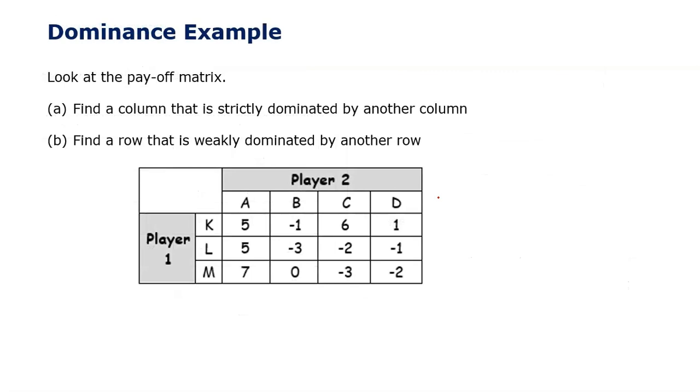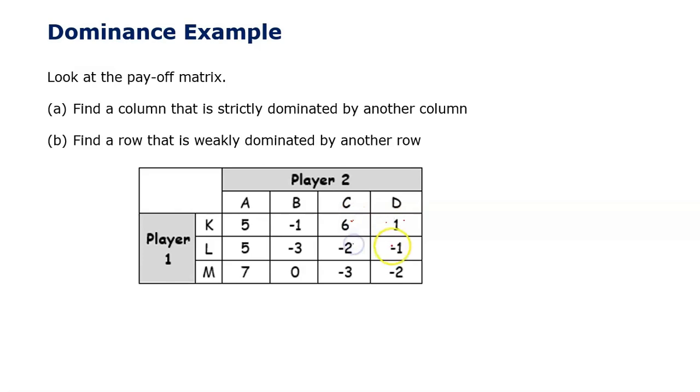So look at the payoff matrix, and there we have it. This is very similar to the last one, actually. Find a column that is strictly dominated by another column. Well, we're looking for one being always bigger. Now, 6 is always bigger than 1. Bear in mind that means D is better than C because it's negatives. But basically, this is bigger than this.